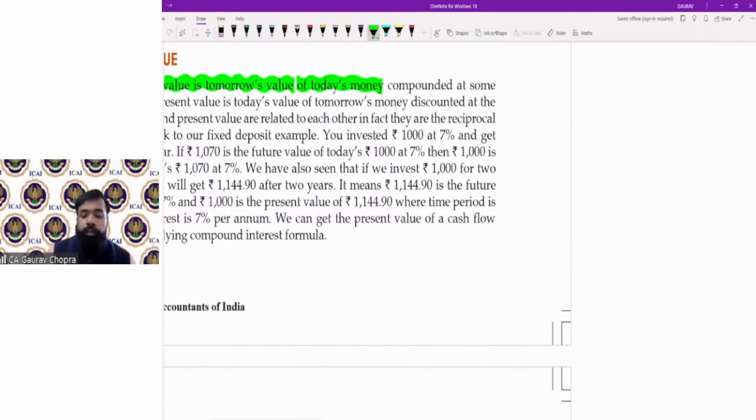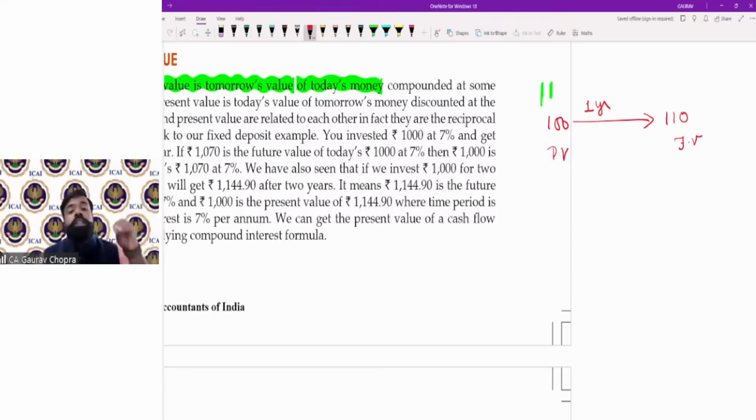So if I am investing 100 rupees today and after 1 year I am receiving 110, this 110 is known as future value, and this 100 rupees is nothing but the present value. तो जो हमने आज इन्वेस्ट किया है that is present, and जो हमें फ्यूचर में मिलेगा that is future value. All right.